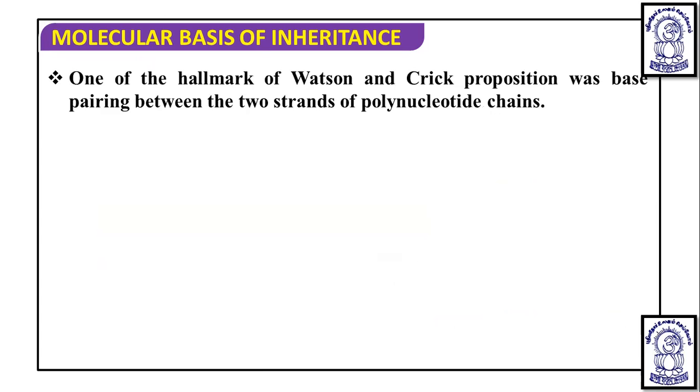Now, one of the hallmarks of the Watson and Crick proposition was base pairing between the two strands of the polynucleotide chain. Watson and Crick proposed that there are two strands of DNA, these two strands are polynucleotide chains, and they are joined to each other by base pairing between the nitrogenous bases.